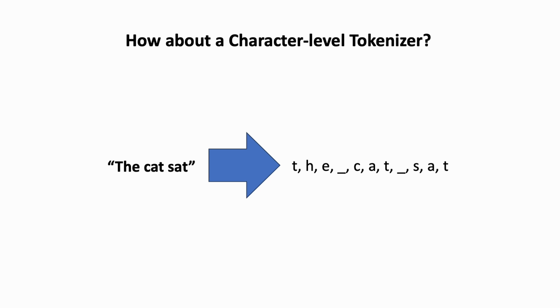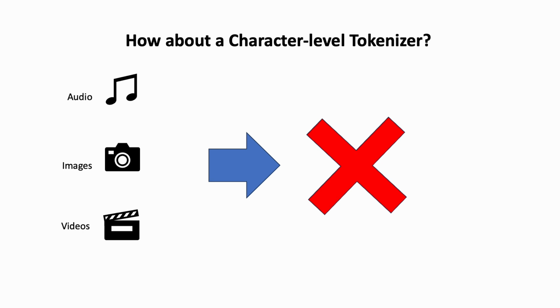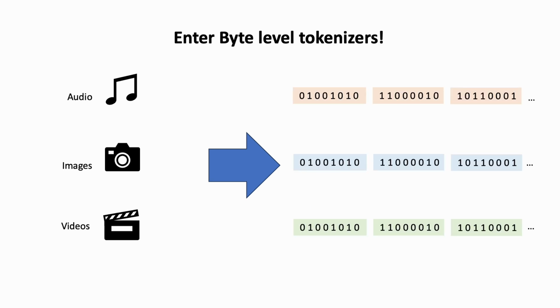So far, we have considered words and subwords as our tokenization level. But what if we do it based on characters, where we split up a sentence based on the alphabets? Well, better yet, suppose you want to also input images or audio into the network, and obviously you can't split those into characters. So maybe instead of saying we'll split into characters, we can say we'll split them into bytes.